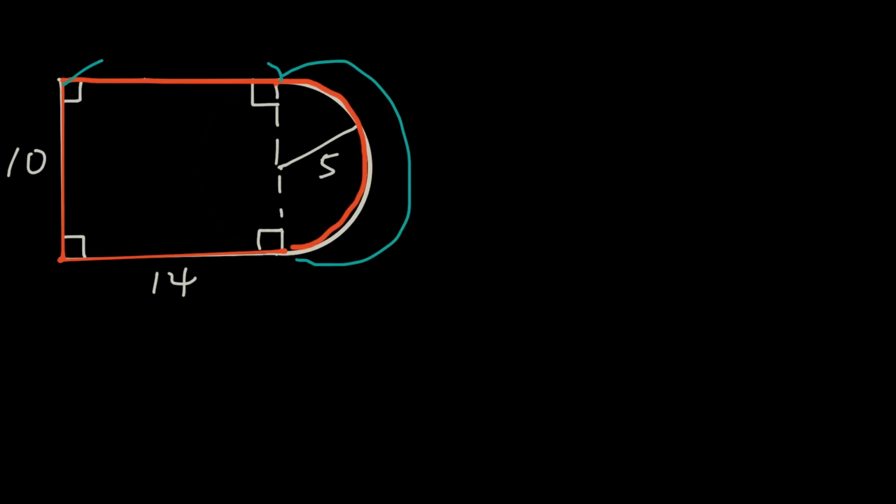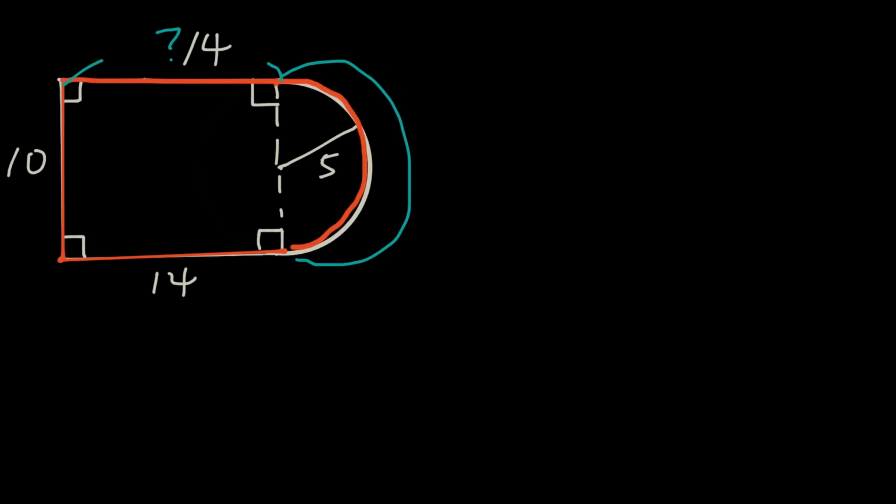The reason it's half is because you're not counting the entire circle. This portion of the circle does not apply. Now, what is the length of this side? Since we know the other side was 14, this length must also be 14. Okay, so we got one part of it done.